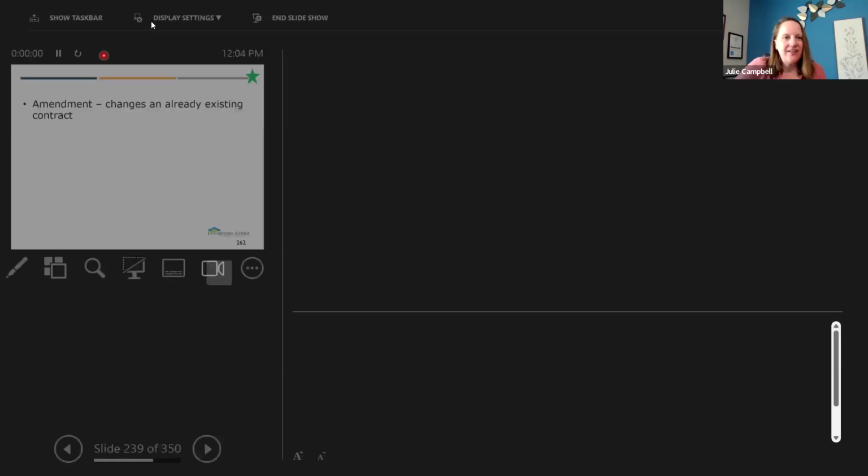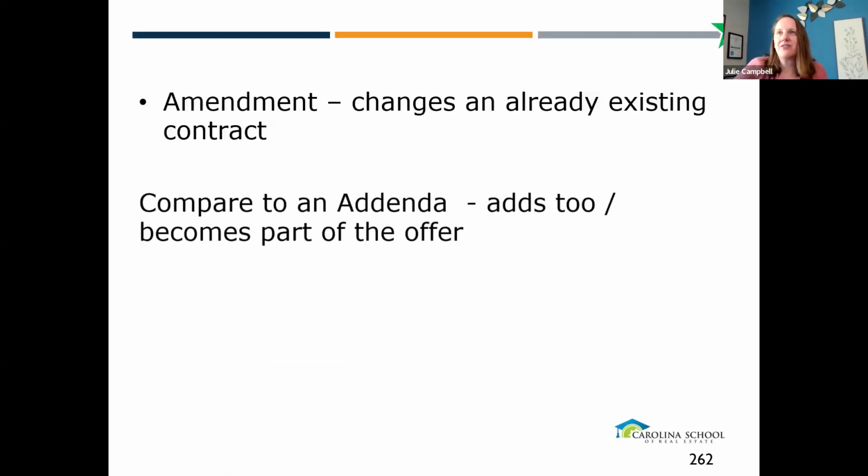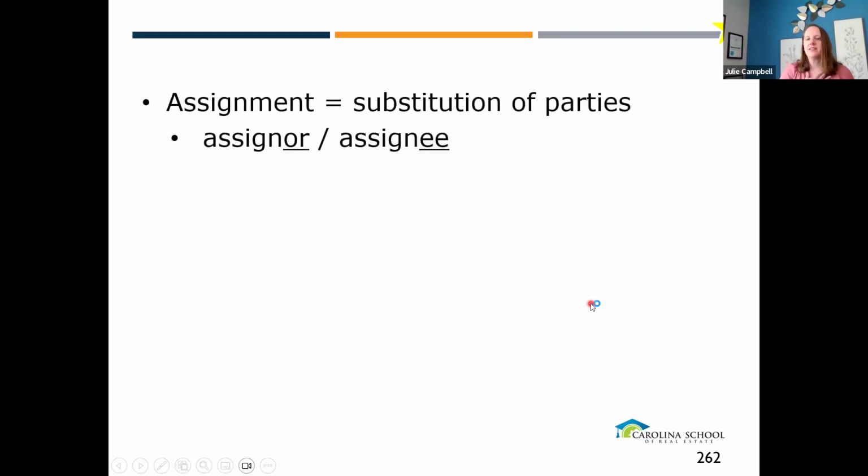And again, just still kind of defining things, getting this basic contract order. A couple other terms. An assignment, if you are assigning your contractual rights, then you are giving your rights, you're assigning your rights to somebody else.